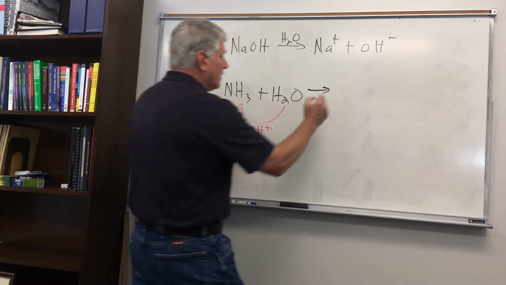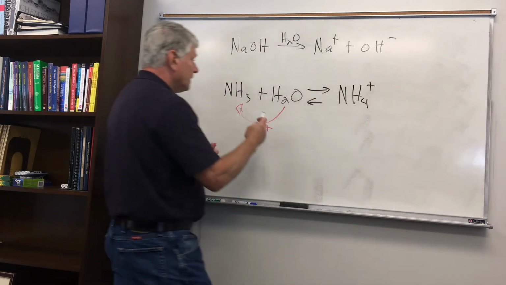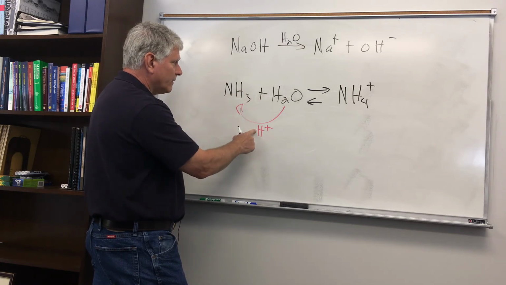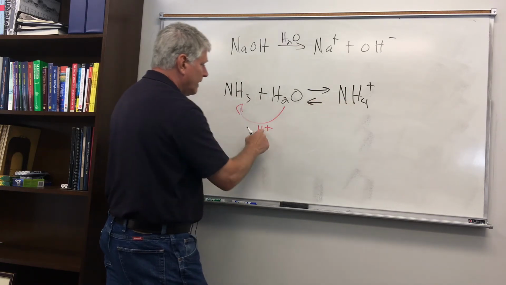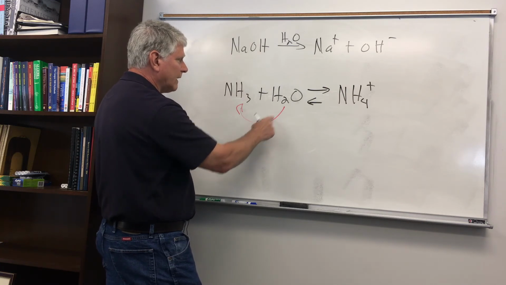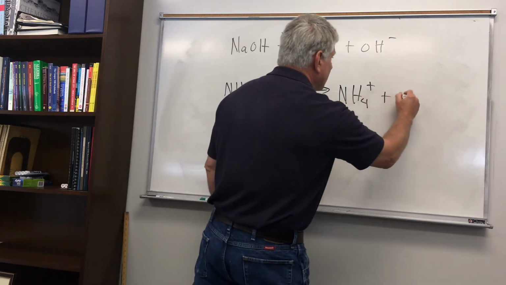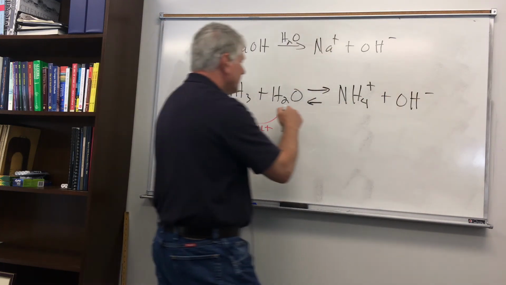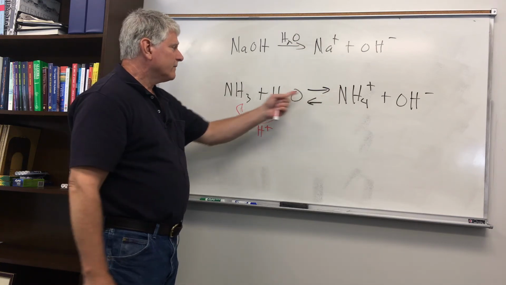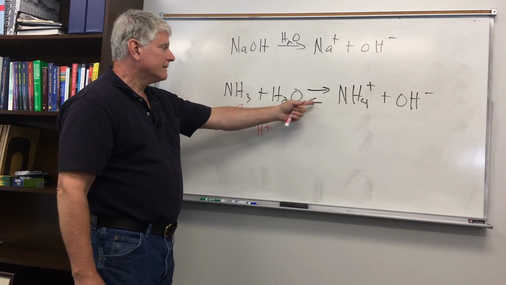And we will end up with NH4+. So we started with NH3, we added another hydrogen, so we have NH4, and we have a plus charge because this hydrogen left its electron behind on the water molecule. So what's left with water is OH-. So this is the general reaction of a base with water.